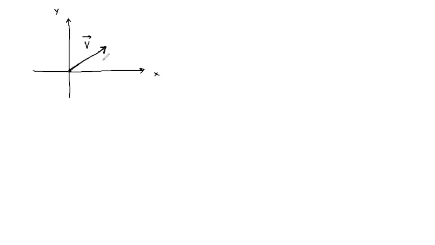Think about it as a real vector in real space. Then how can you work with this vector? You can say, okay, let me introduce a basis. The unit vector in x direction and unit vector in y direction.